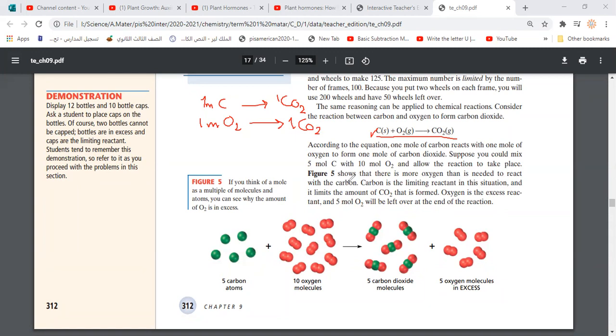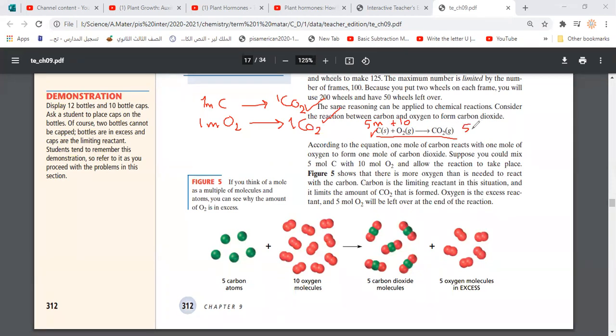Here we ask, what would happen if we mix 5 moles of carbon with 10 moles of oxygen? According to the balanced equation, 5 moles of carbon are going to produce 5 moles of carbon dioxide.